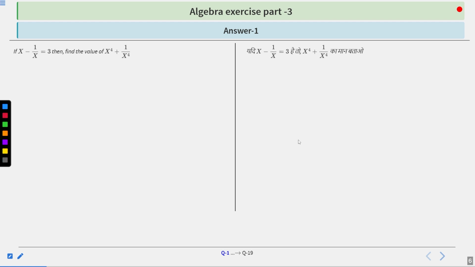We were asked that if x minus 1 upon x equal to 3, then x^4 plus 1 upon x^4 is how much? We are going to use formula 19.7 to solve this question.